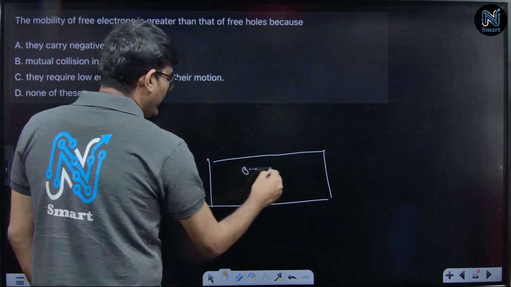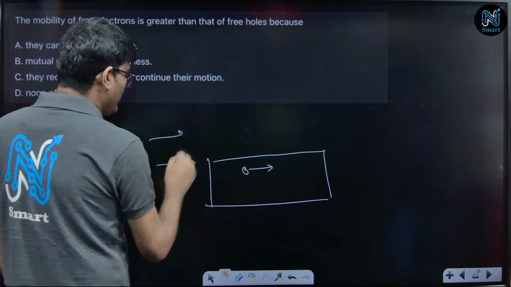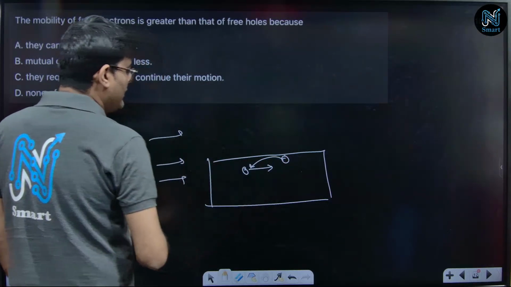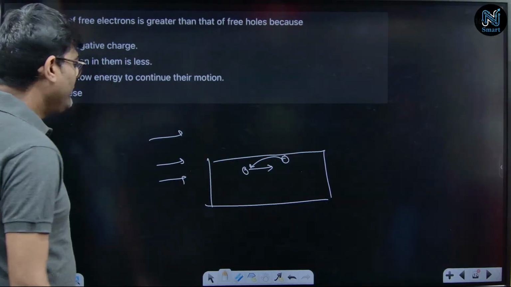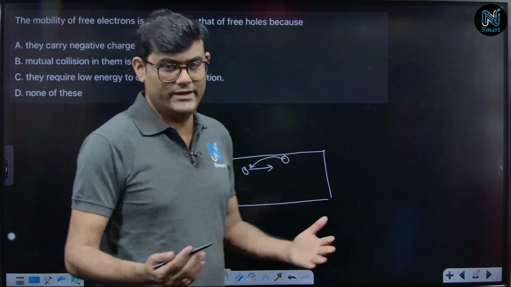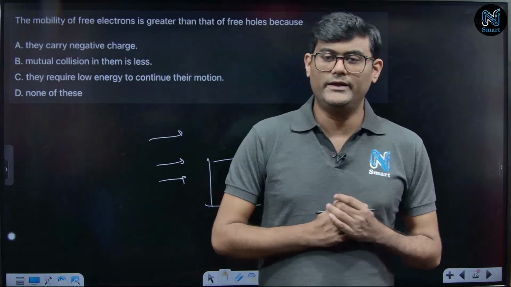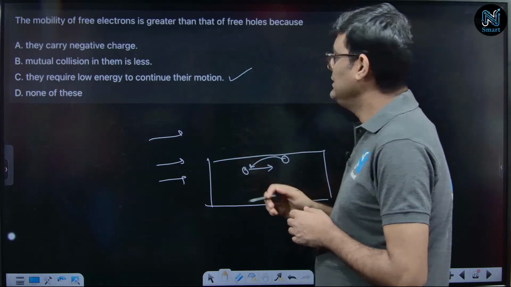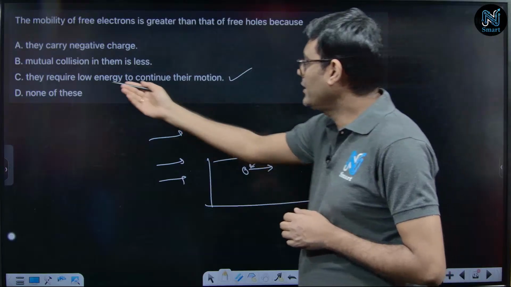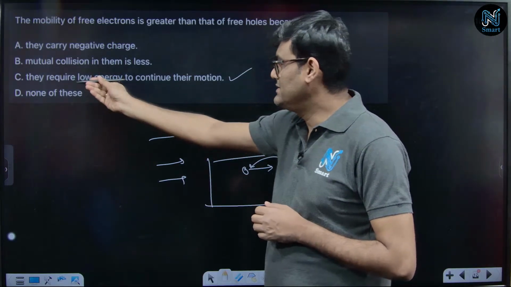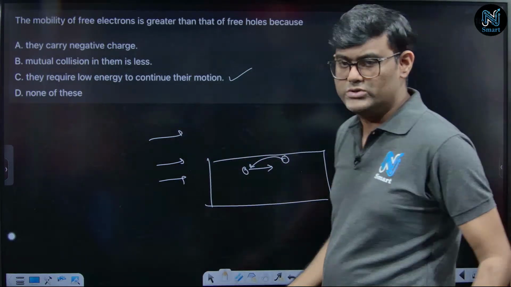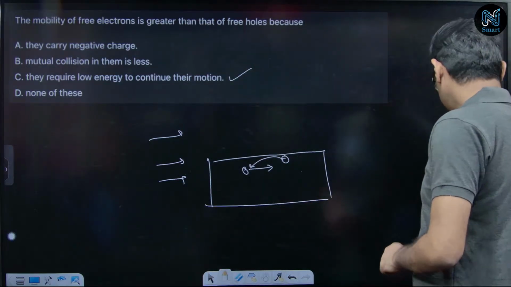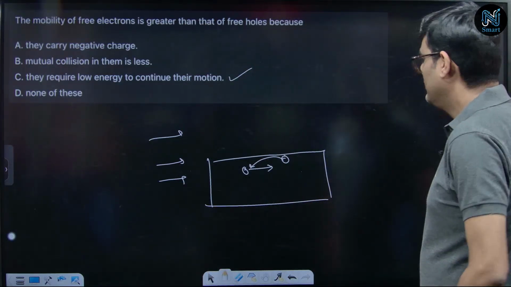When a hole moves in the direction of the electric field, that means some electron must be shifting into the place of the hole. So that requires larger energy than an electron movement. So my answer is definitely option C, that these electrons require basically low energy to continue their motion with respect to the holes, right?